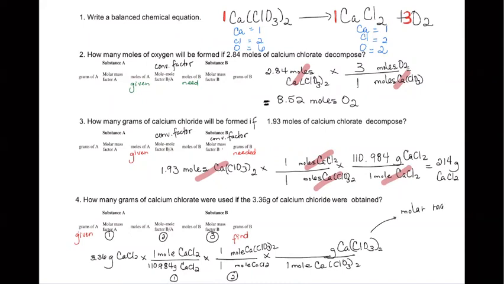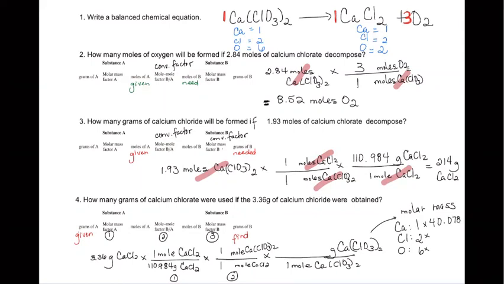So to calculate molar mass, just as a review, we have calcium, we have chlorine, we have oxygen. We have 1 calcium, we have 2 chlorines, and we have 6 oxygens. Okay? We're going to multiply this by the molar mass of each of these. Calcium is 40.078.